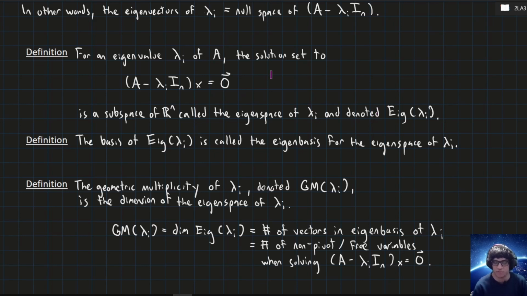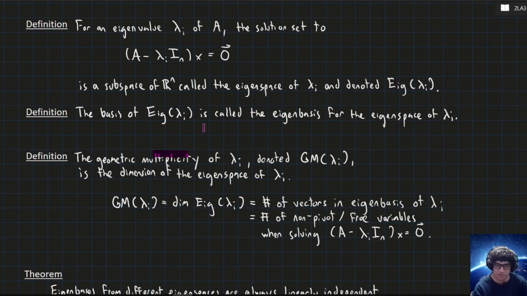The number of basis elements you get out of the null space computation is the dimension of the space. It's the same for eigenspaces, and we give that dimension a name because it's important. The geometric multiplicity of an eigenvalue, which I'm going to call GM of lambda i, is the dimension of the eigenspace of lambda i.